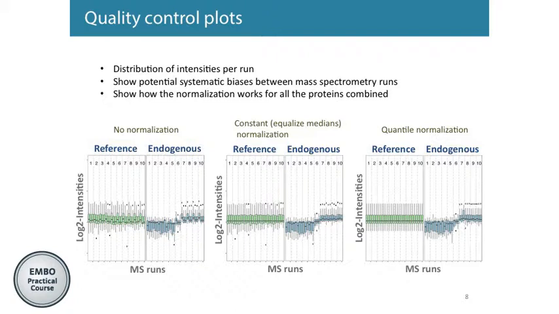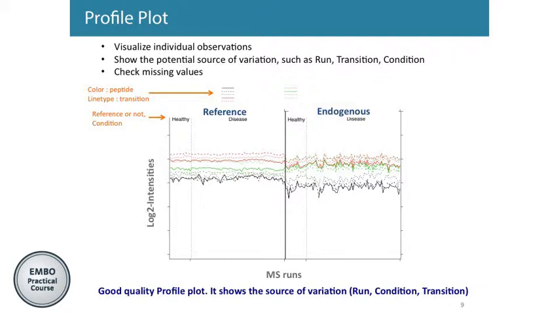And next is the profile plot. Actually, I really like this plot because it shows individual measurements. Before, this was a summary of all the measurements, but this is per protein. Each point is a measurement, and we make a line for each transition. The color is the peptide, and the line type is the transition.